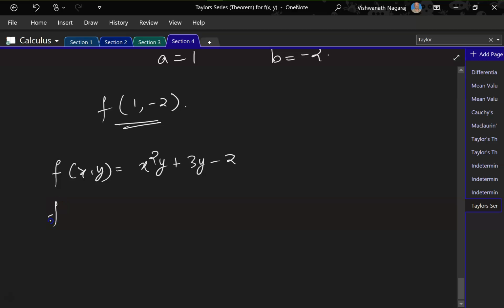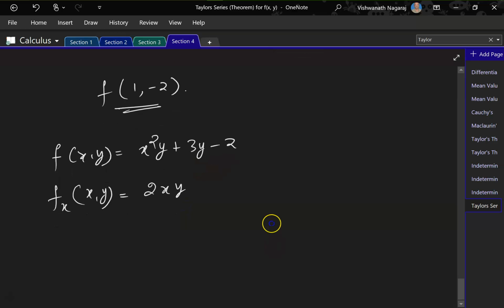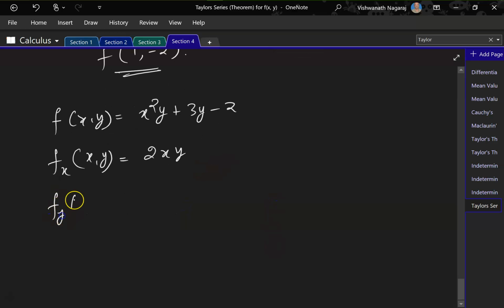Now we'll start differentiation. So with respect to x, partially gives us 2xy. The other two become constants. f y of x comma y: partially differentiating with respect to y, we get x square plus 3.